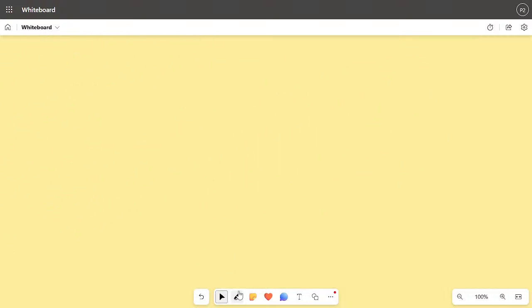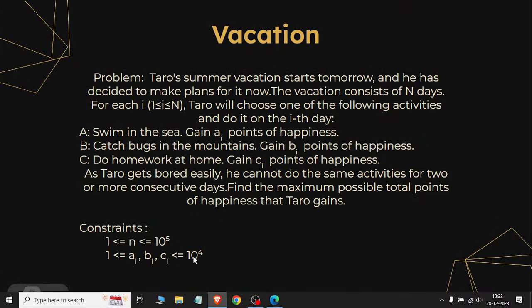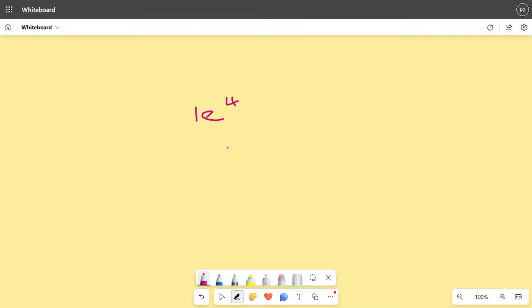So there is an edge case, I think. Yes, this is the edge case, I believe. This is just hypothetical, it might be out of constraints, but I will put it in the constraints.